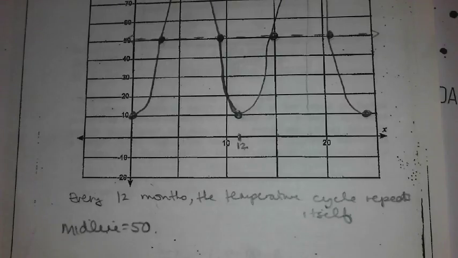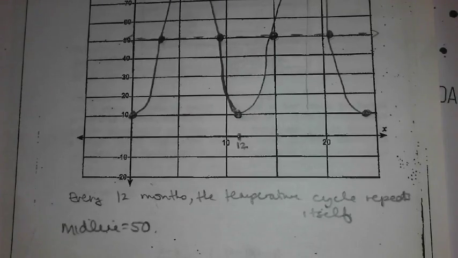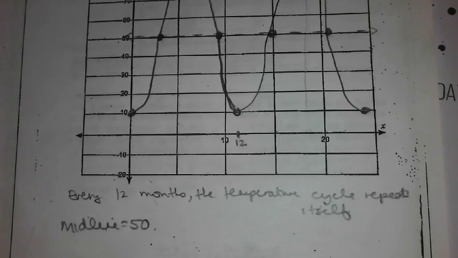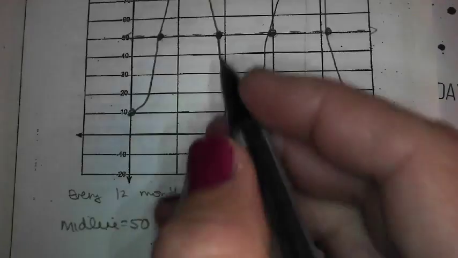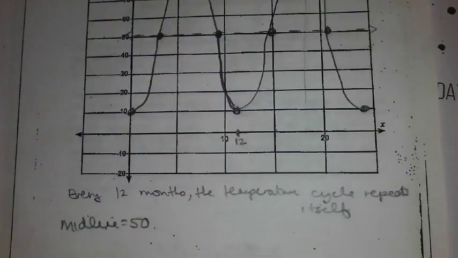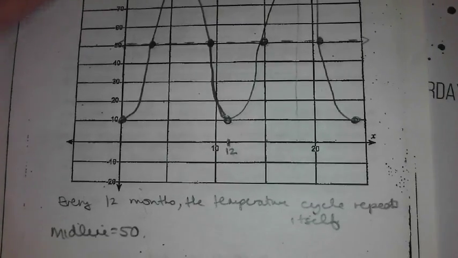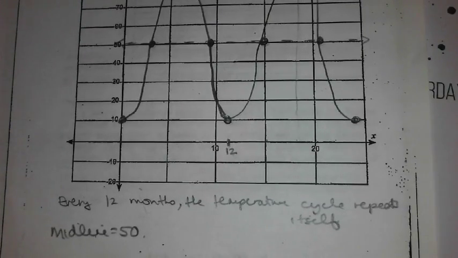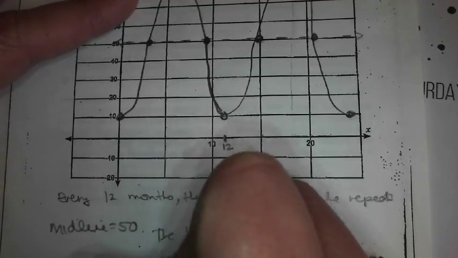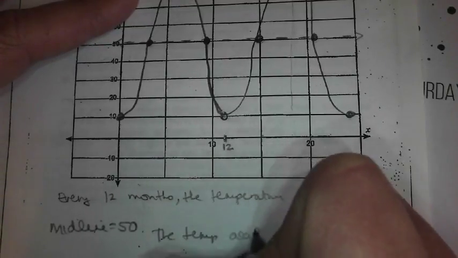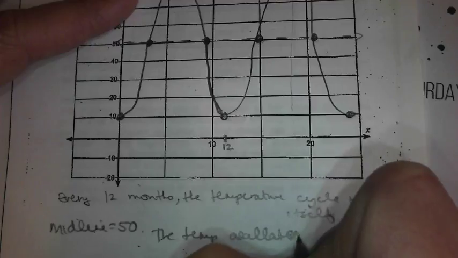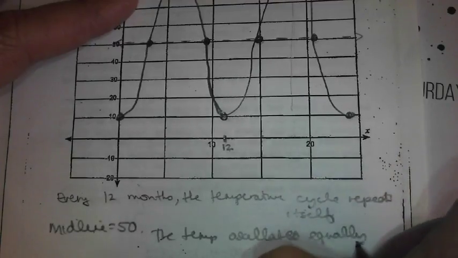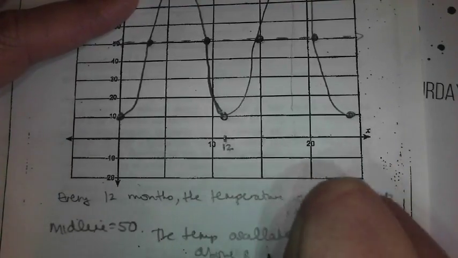I think, honestly and truthfully, that we would accept any of those because it all shows that you understand the context. Just to stay away from the technicality of average temperature versus median temperature, I'm just going to say that the temperature oscillates equally above and below 50 degrees.